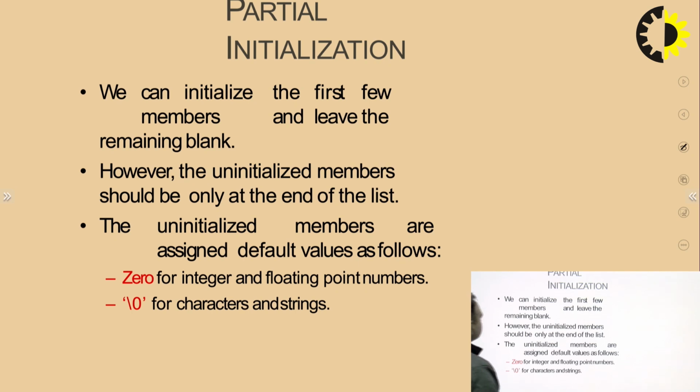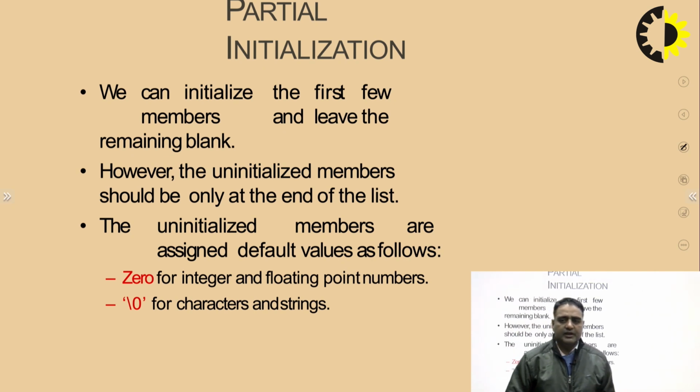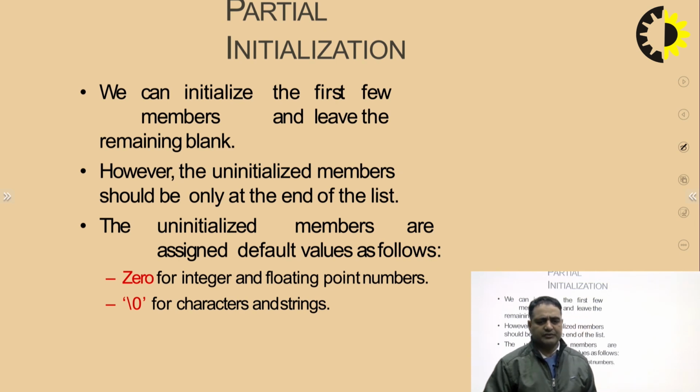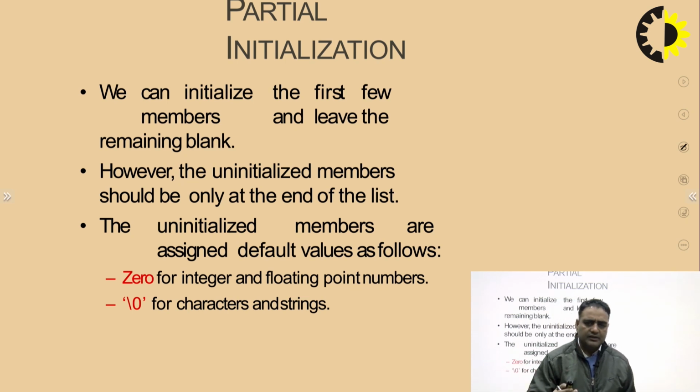Partial initialization: we can initialize the first few members. What is partial initialization? Partial initialization means if a structure variable is to be initialized with 4 to 5 values, and there are multiple fields here, but we are only assigning 3 to 4 values, 3 to 4 field members.